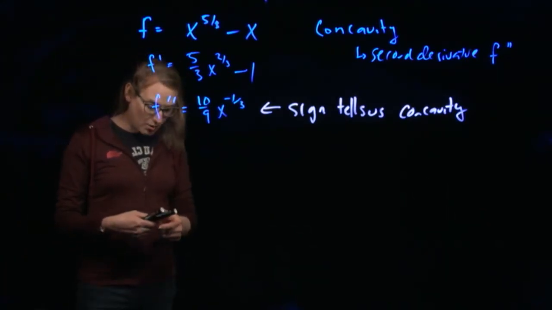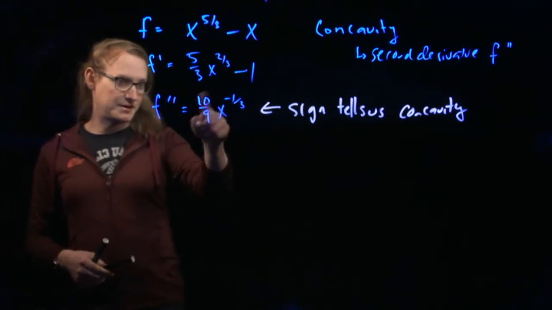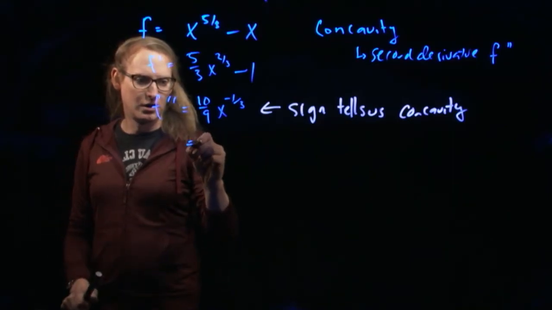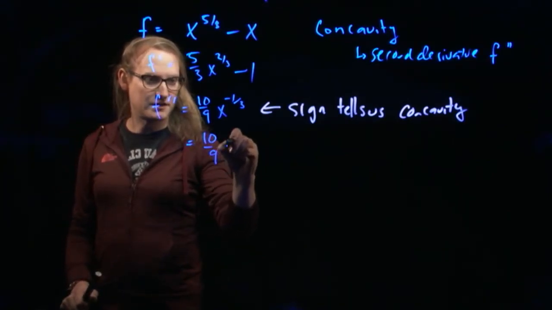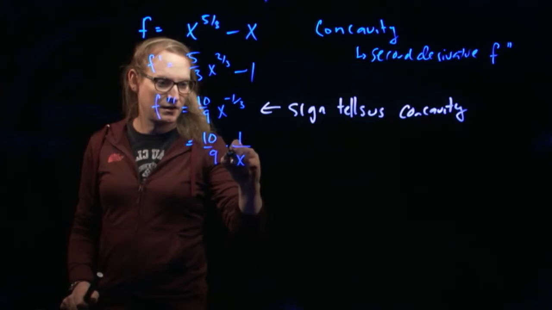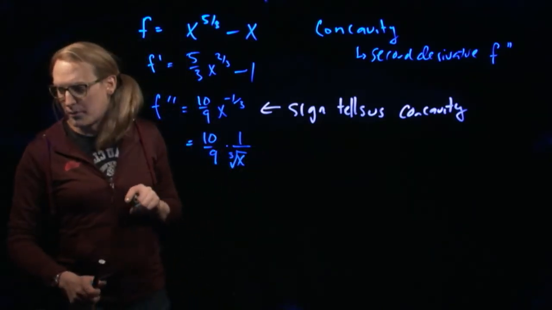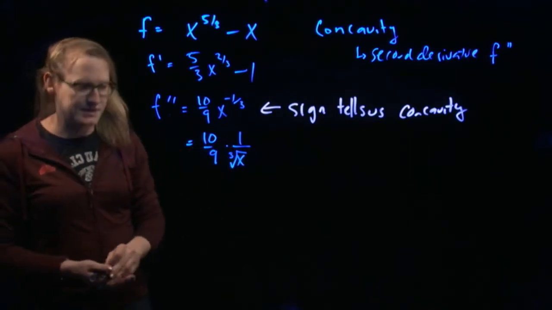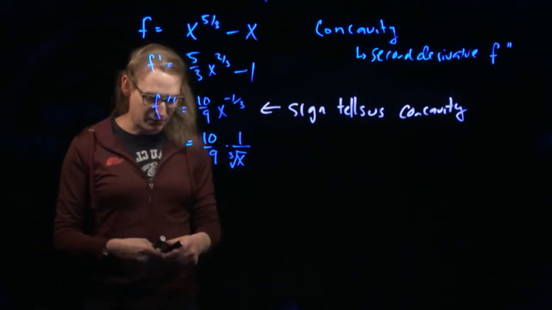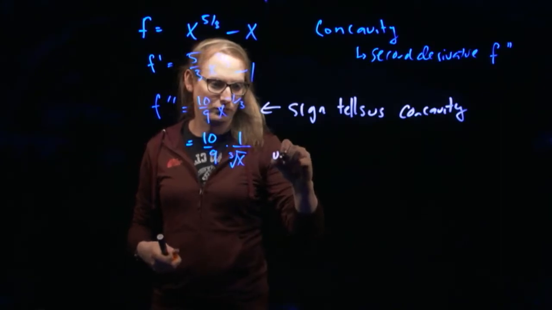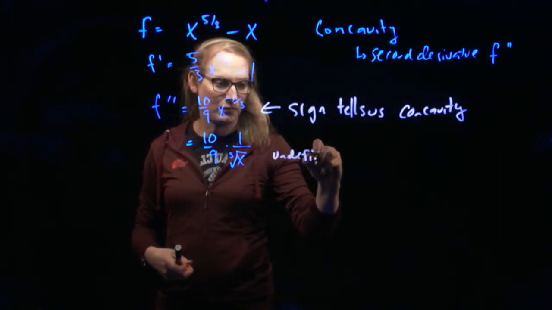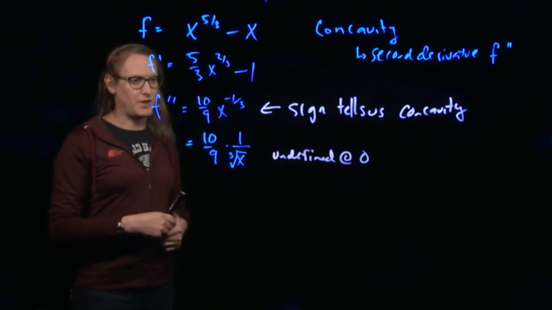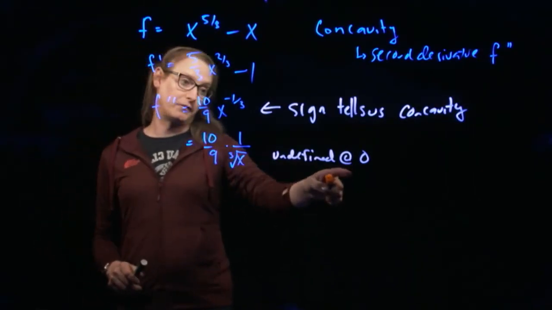I want you to note that this thing right here is also equal to 10/9 times 1 over the cube root of x, and that this expression right here is undefined at 0. It's undefined at 0, so 0 is a possible inflection point.